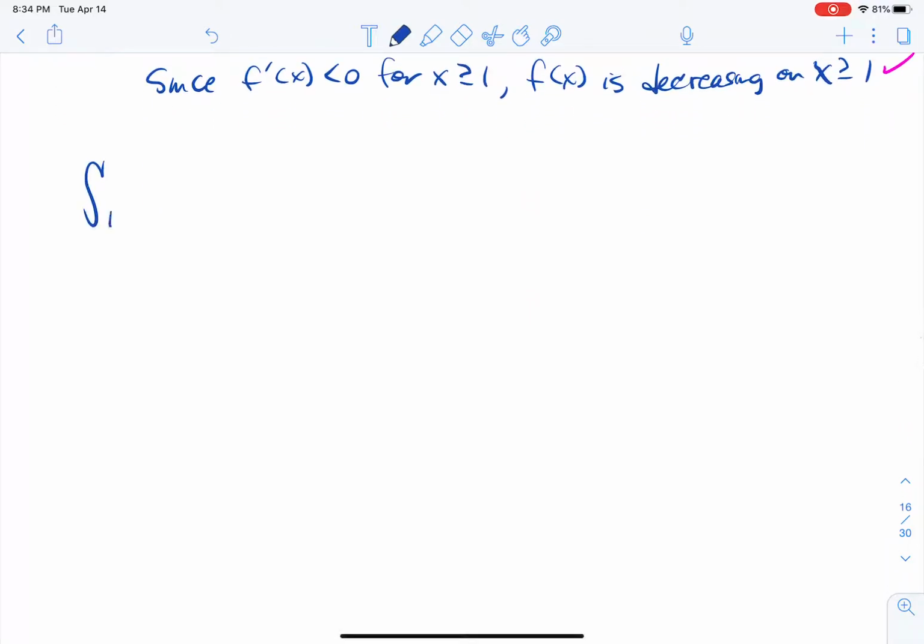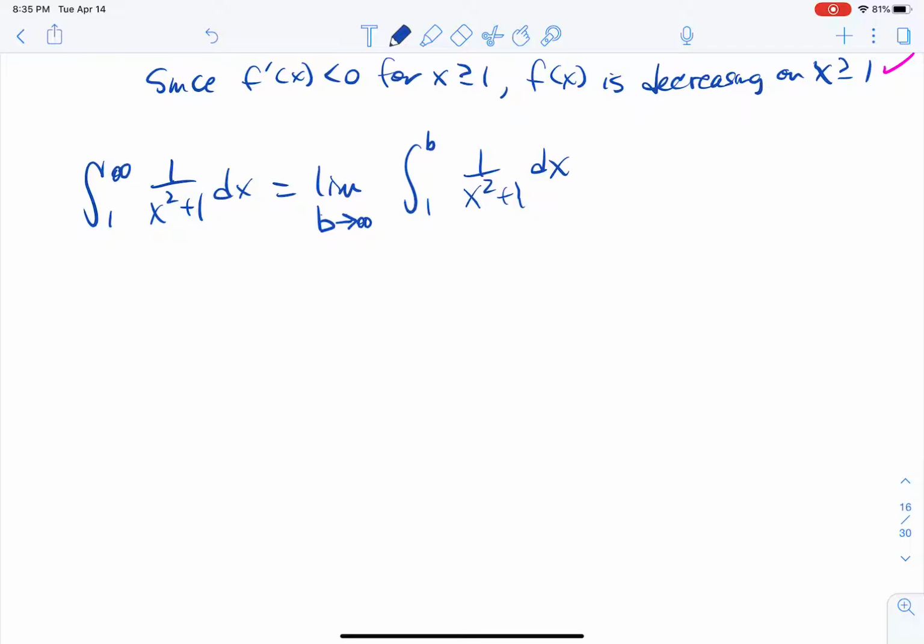We want to take the improper integral from 1 to infinity of 1 over x squared plus 1 dx. Turn that into a limit as b goes to infinity of the definite integral from 1 to some b of 1 over x squared plus 1 dx.